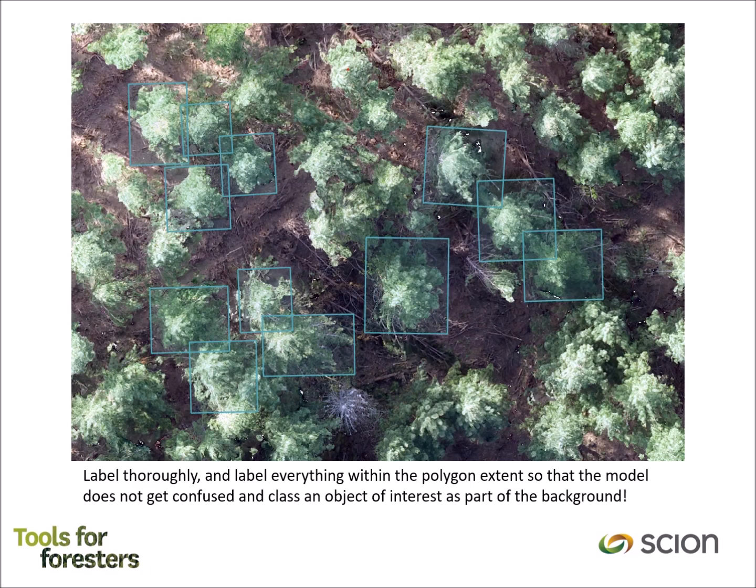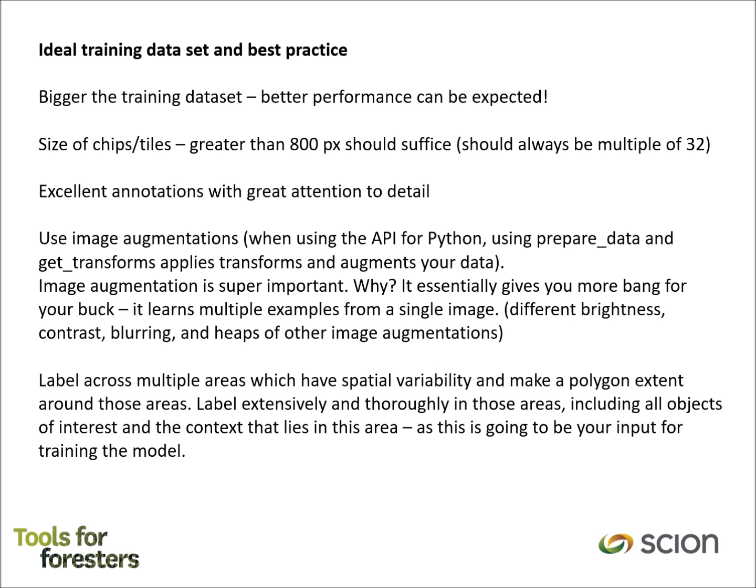So the ideal training data set and the best practice, generally speaking, is that the bigger the training data set, the better performance you can expect. Chips and tiles, I'm going to use these words and they mean the same thing. Basically, when you are exporting your data, your image and your training objects are broken up into a user-specified tile size or chip size.